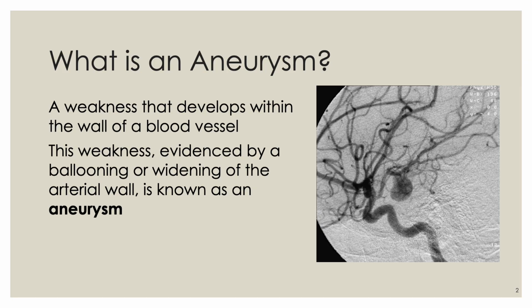You may have heard this word, probably depending upon your age. But basically, it's a weakness. The blood vessels, the arteries and the veins that go through the body, are just these tubes, right? And on occasion, a portion of the wall of the tube may weaken.